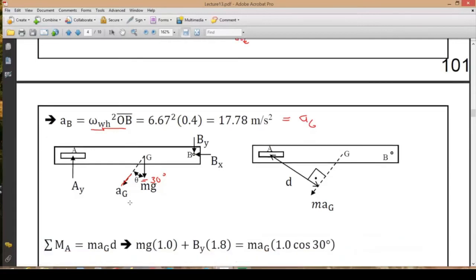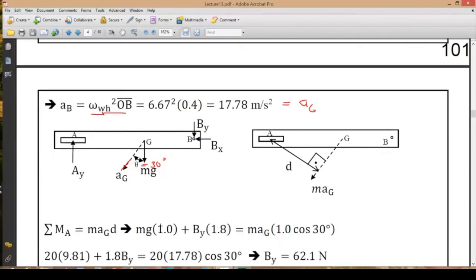Now we can write out an equation, the alternative moment equation for point A. In that case, on the left-hand side of the equation, we're going to have mg times the distance. The distance is 1 meter here, and the distance to B is 1.8 meters. And they are both shown here as downward direction.